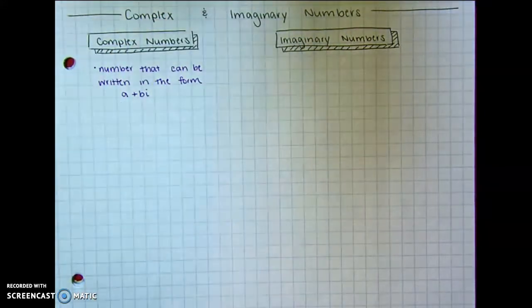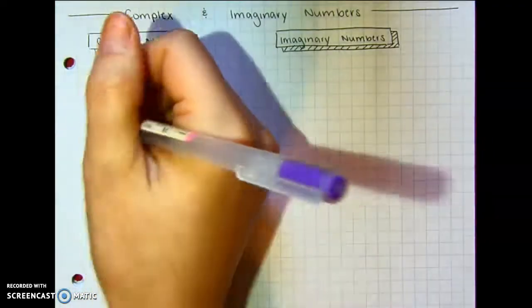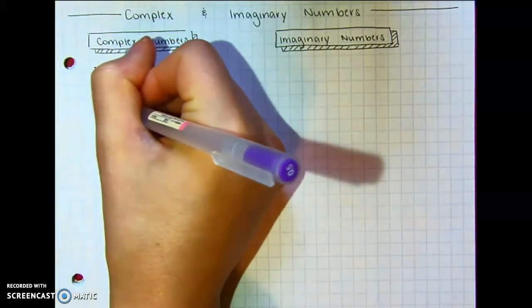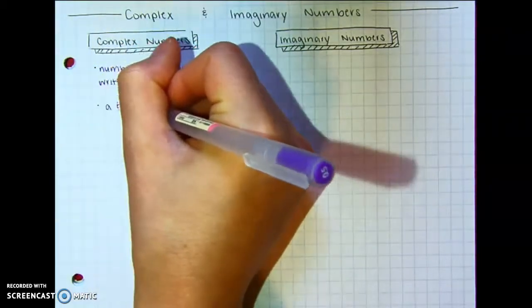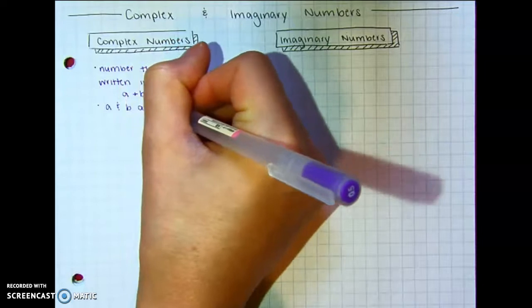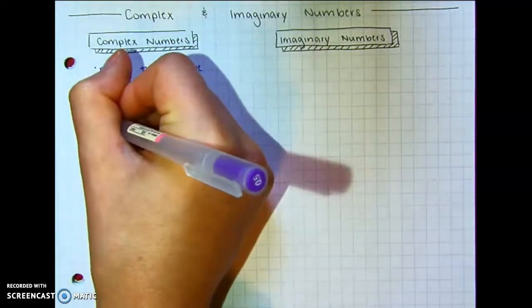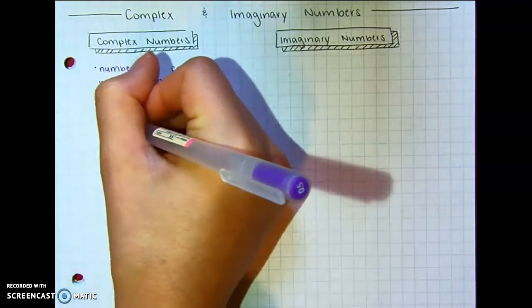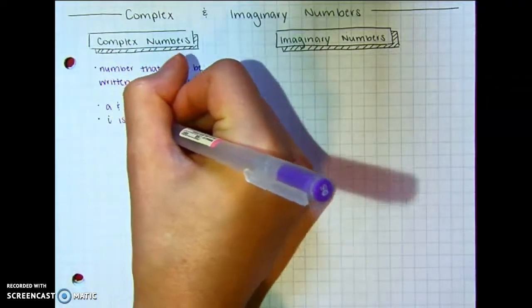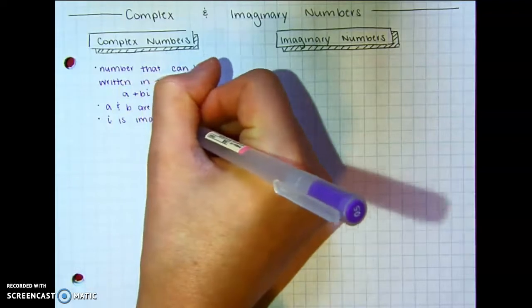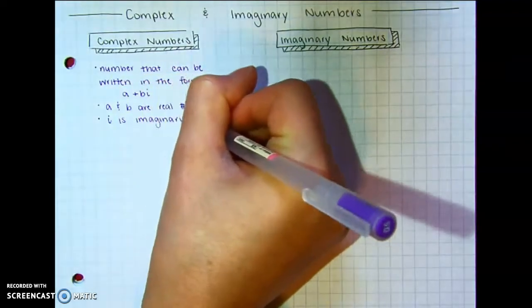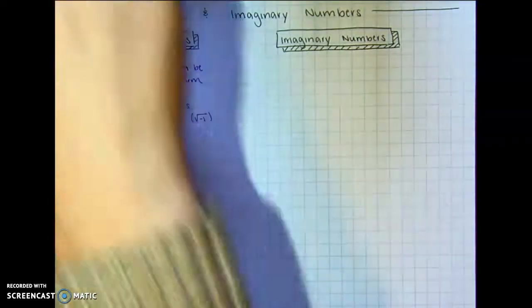This is just the format of it. It needs to be a plus bi, so constant plus imaginary number. A and b are real numbers. I is imaginary, AKA square root of -1.